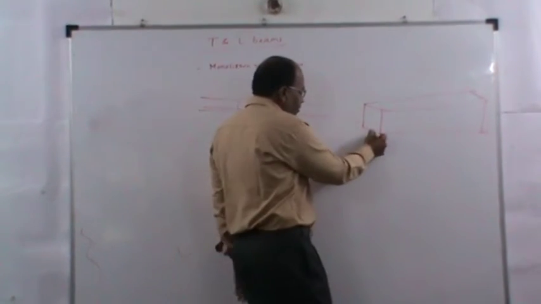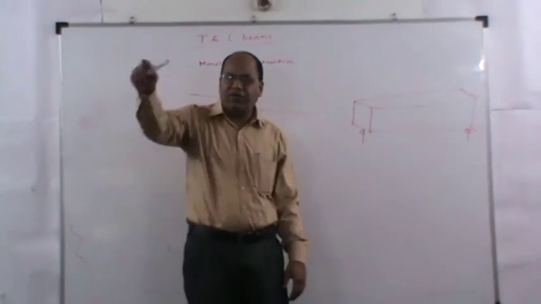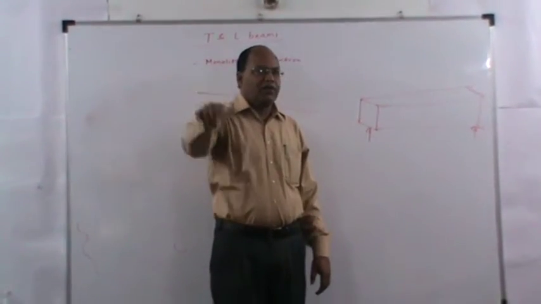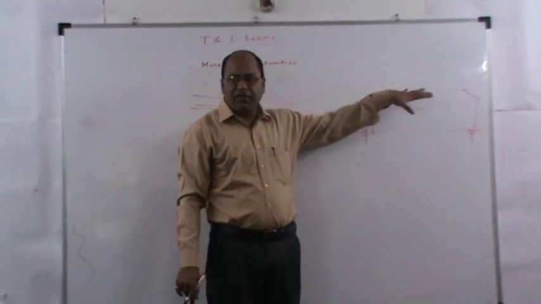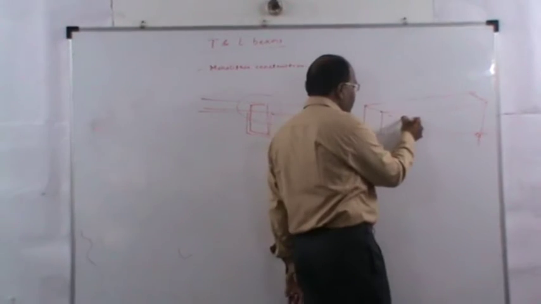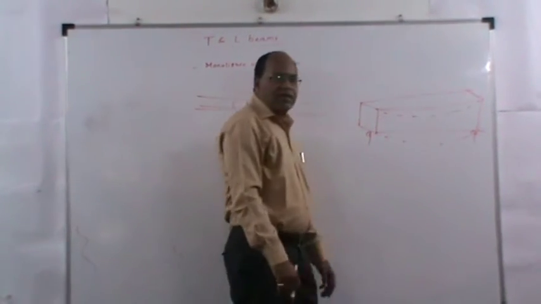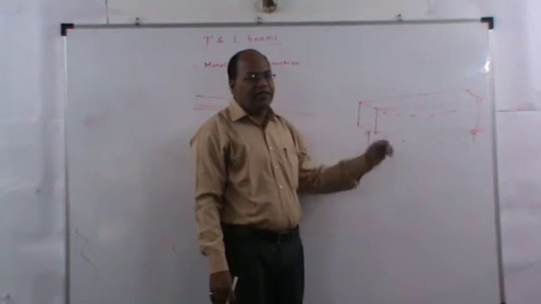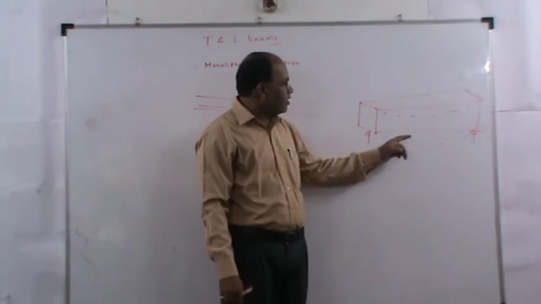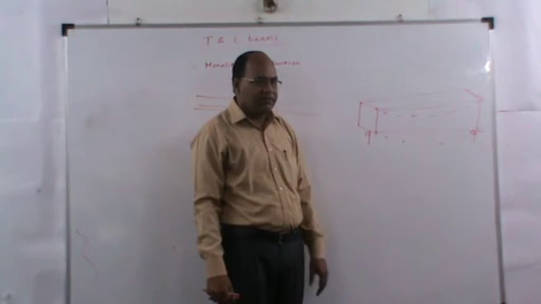Now if this beam is supported over here and over here, means on this column and on that column, and as the load is acting on it, load from the slab is acting on it, and because of which it bends, it is going to bend in this manner. But see, the bending happens in this manner. Slab is on which side? The compression side or tension side?